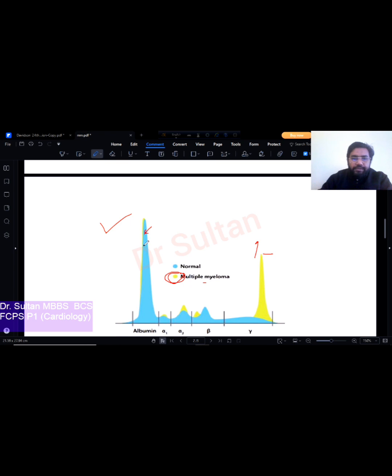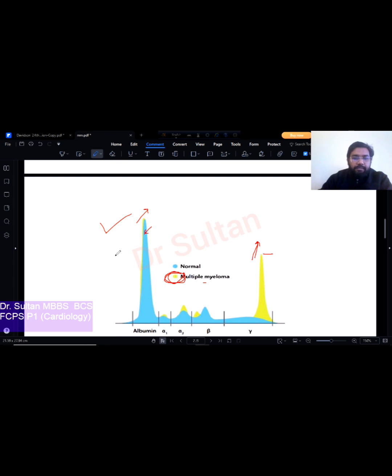So if a serum protein electrophoresis presents with the blue waves, it will be normal. But if it presents with the yellow waves like this, the two spikes you see here, the albumin spike here and the gamma globulin spike here, the sharp rise, then you will have a differential like multiple myeloma.